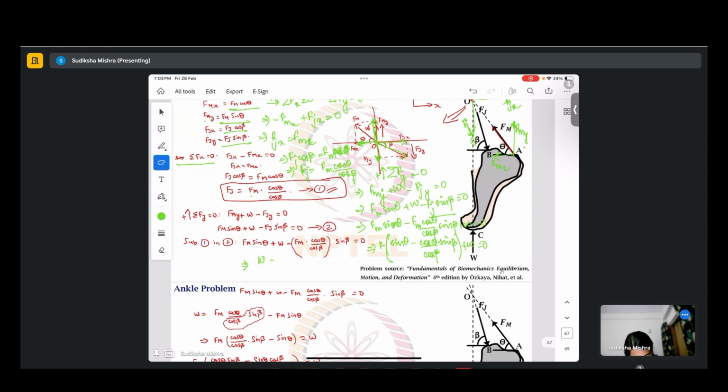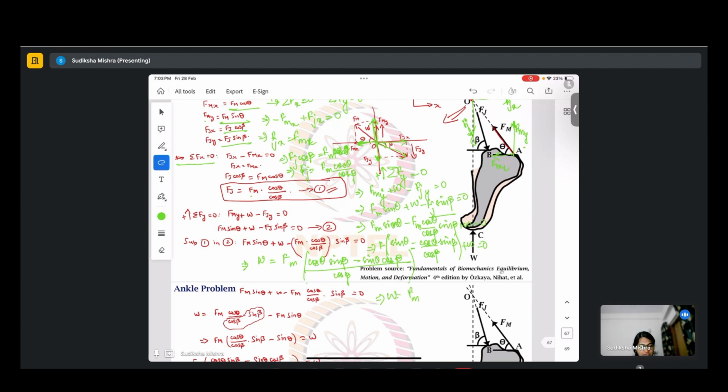Now w is equal to Fm cos, and I'll take the denominator in this, sin beta. So this becomes plus, minus sin theta cos beta gets transferred here by cos beta. Now w is equal to Fm.